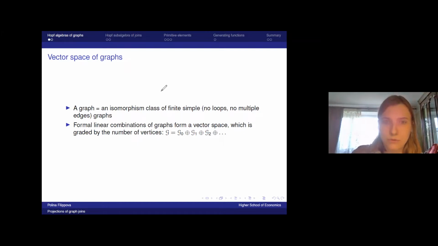So graphs like this are okay, but we do not consider something like this. And we will take all formal linear combinations of graphs. They form a vector space, and it is graded by the number of vertices.